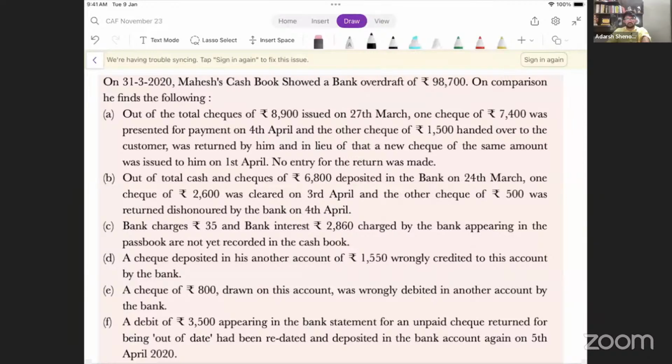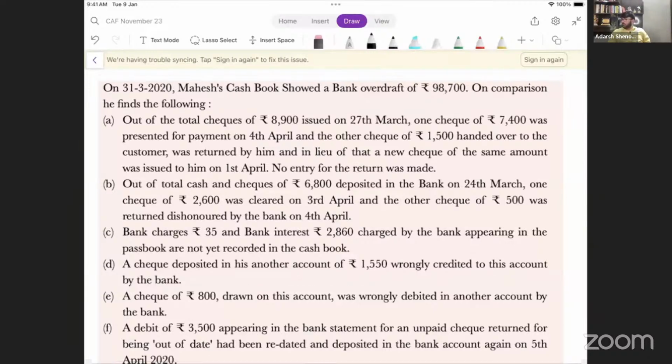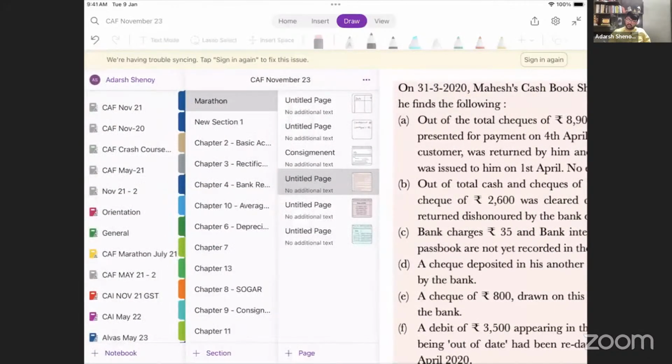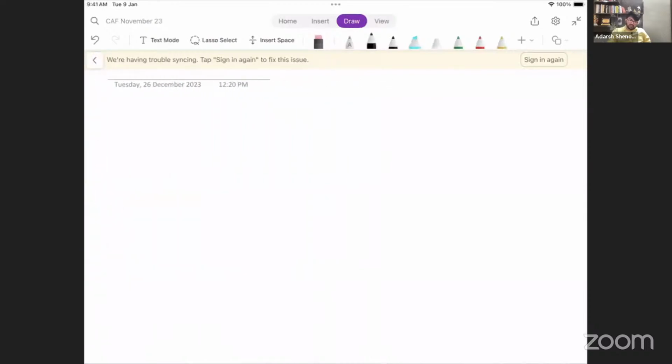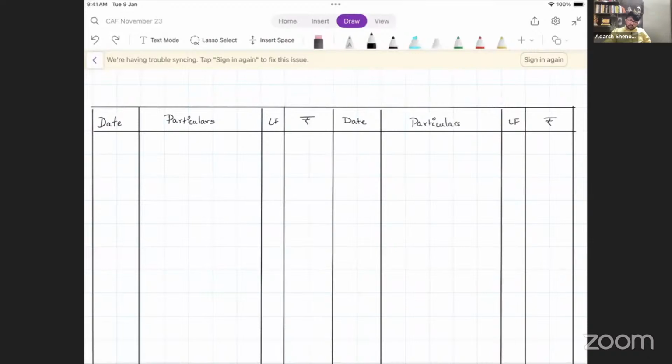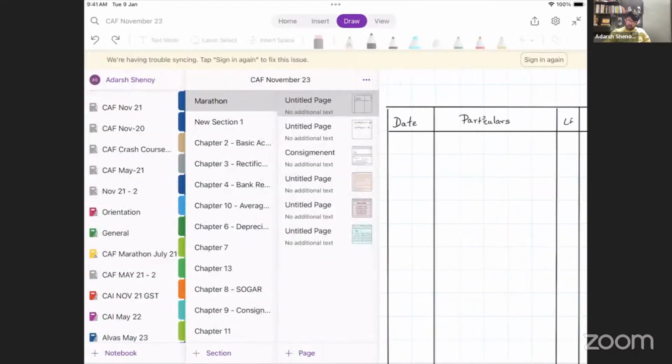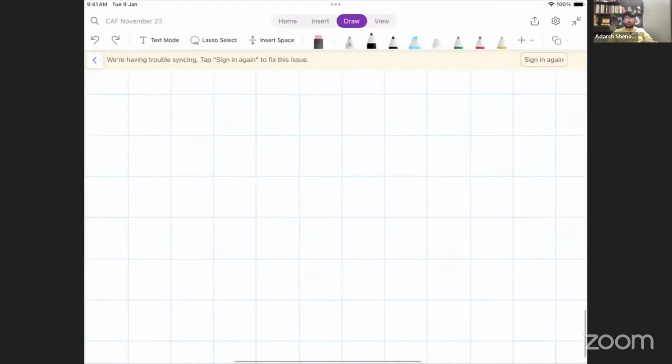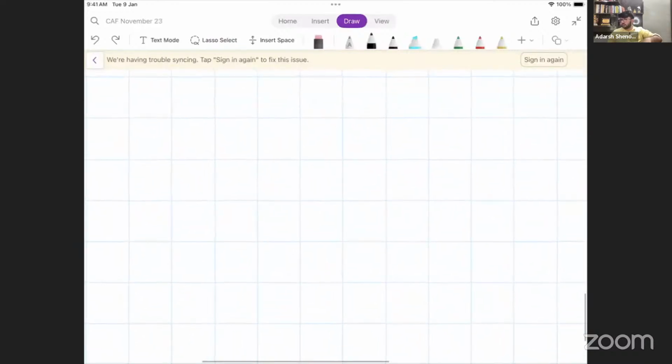Okay, shall we continue? Before I start solving this question, some basic discussion which I want you to understand. I know you know this, but still, it's revision for me, so you just listen when I'm revising. First, about the balances.